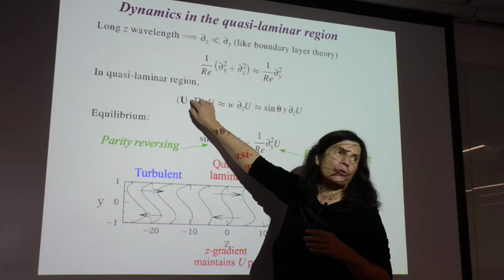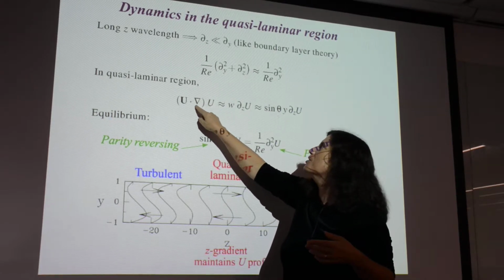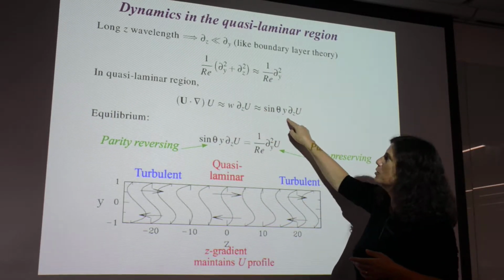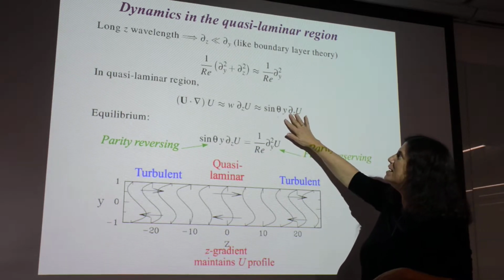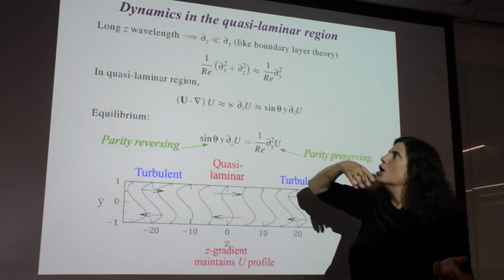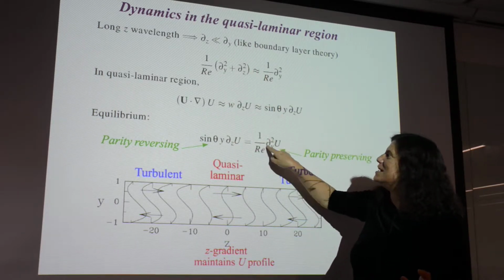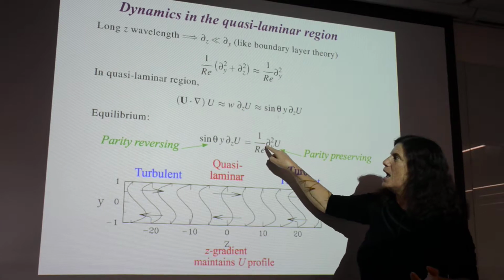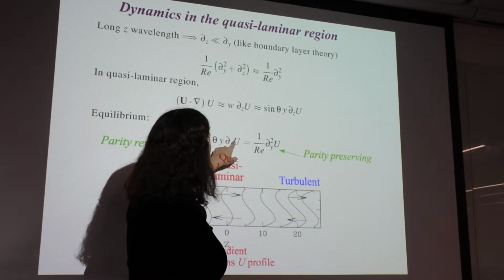There should be 3 components of this, because U has 3 components, but in fact, the only one that matters is this one. You just compare them quantitatively. So what you find is that the equilibrium between nonlinear and viscous terms is actually like this. And this is, say, the advection of U.